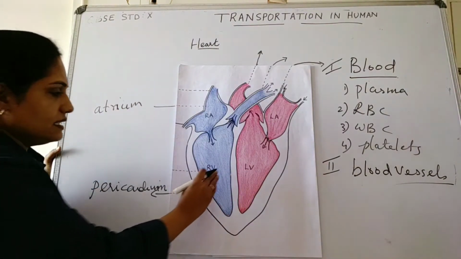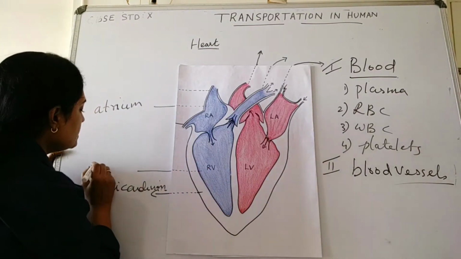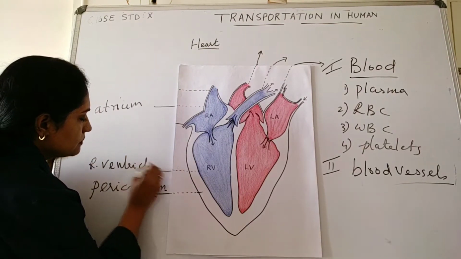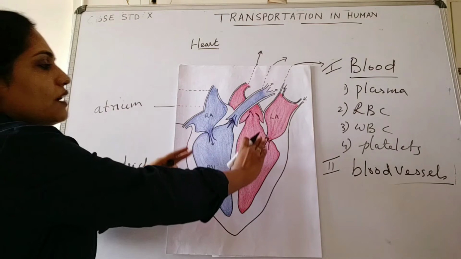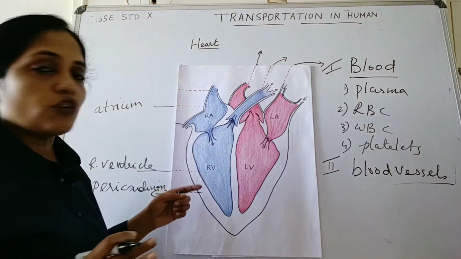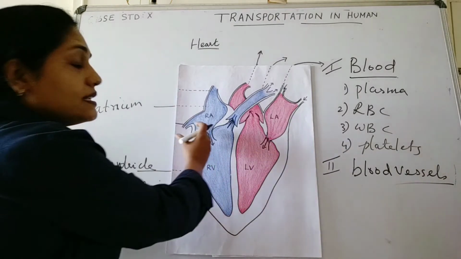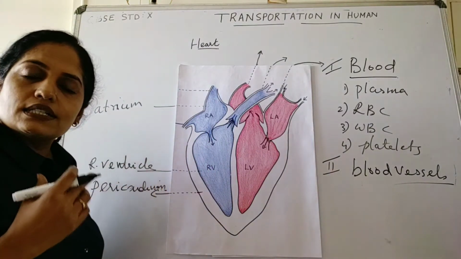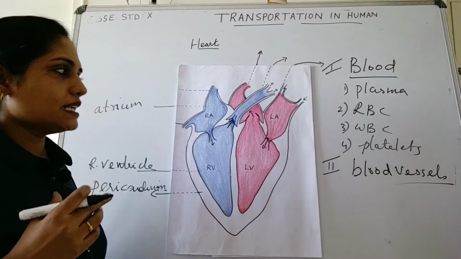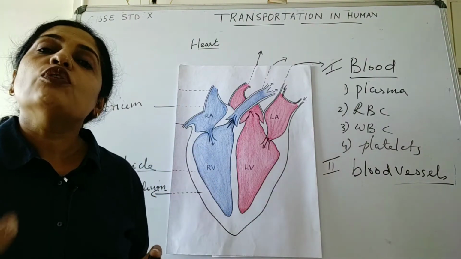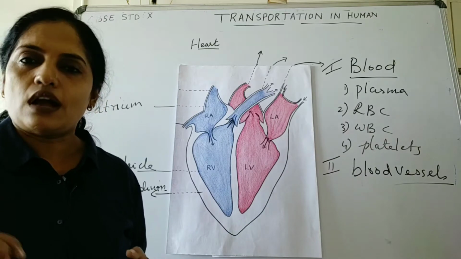And lower ventricles. This one is right ventricle. The left side of the heart consists of oxygenated blood, so it is in red color, and the right side of the heart consists of deoxygenated blood, so it is in blue color. Overall, we have four chambers in our heart.